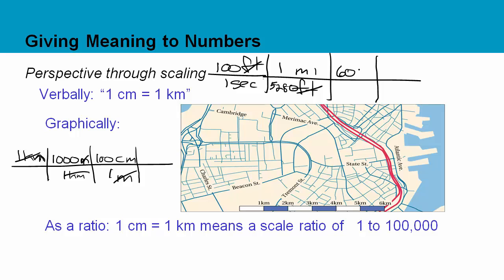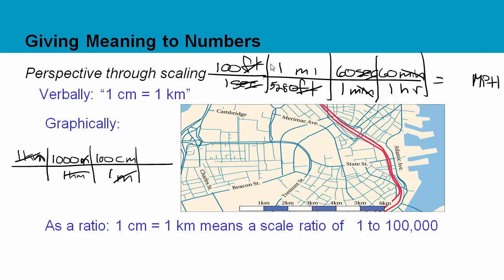So 60 seconds in 1 minute, and that's going to cancel out, right, the seconds. And then finally, 60 minutes in 1 hour. And now the minutes are going to cancel, and you can see that all that's left is miles on top and hours. So when we do the math, our answer is going to be in miles per hour.